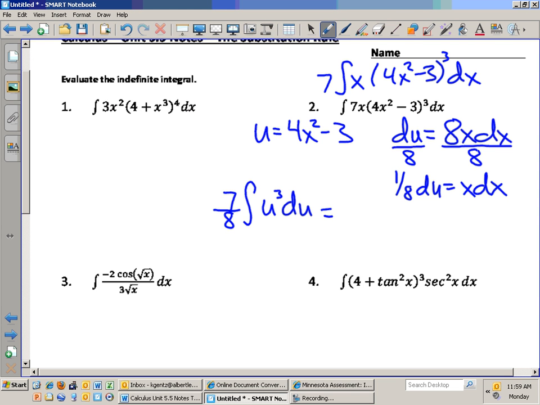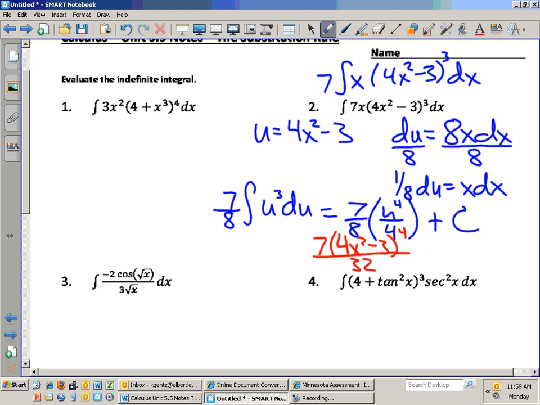So now I evaluate. What's the antiderivative of u to the third? I have 7 over 8 times u to the fourth over 4 plus c, right? And now I substitute u back in, and I get 7 times 4x squared minus 3 to the fourth power over 32 plus c.